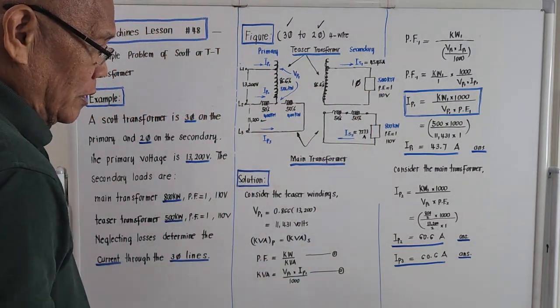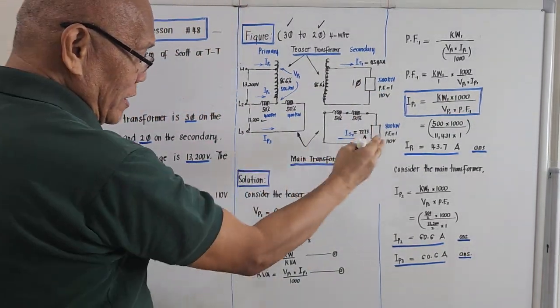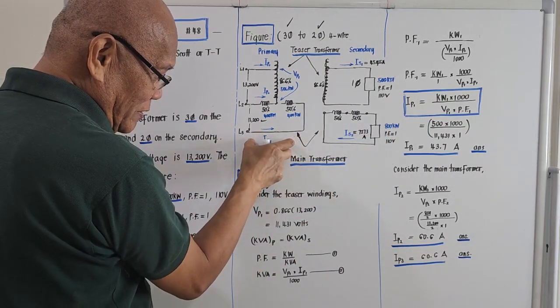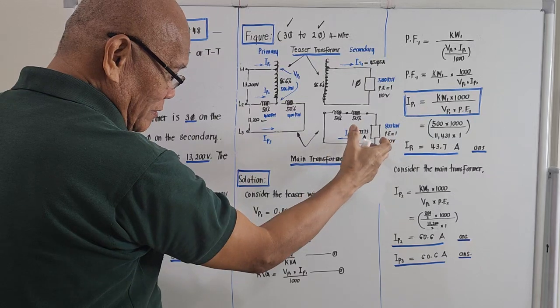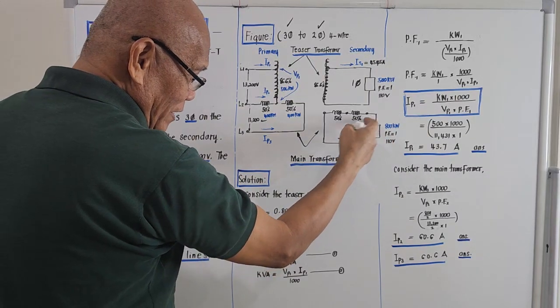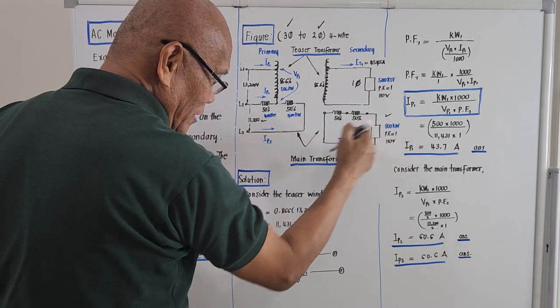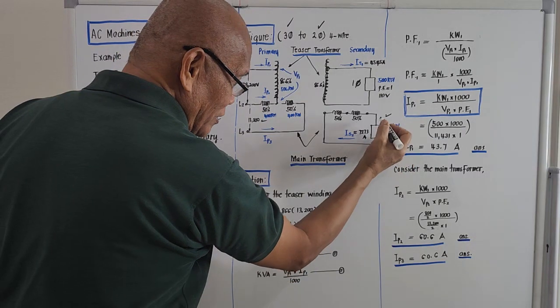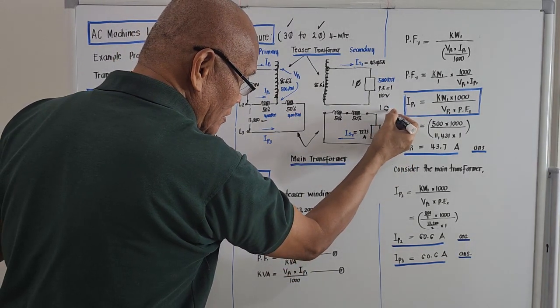For the secondary side of the main transformer, one end is connected to the load, and the other end is again connected to the load, and this is considered single phase.